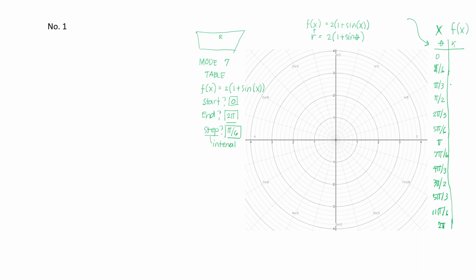Sige, so try to recite the values. Okay, so Michaela. Yes, sir.